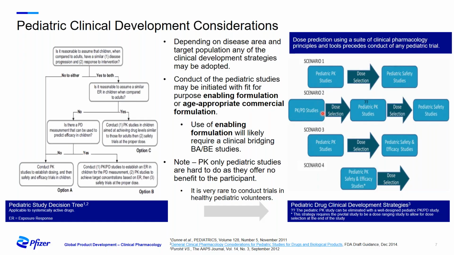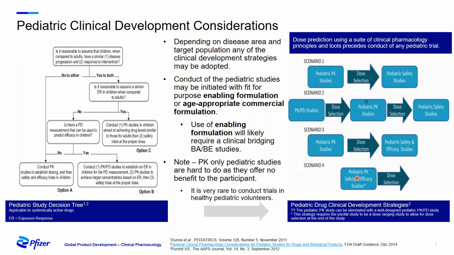Scenario 2 is more similar to option B, where you do PK/PD studies, you select the dose, and then, if necessary, do additional PK studies, and again that's a caveat, if necessary, and then follow it up with pediatric safety studies. And then scenario 3, where you do just PK studies and follow it up with pediatric safety and efficacy studies. This again is similar to option A, where you are extrapolating very little from the adult programs.